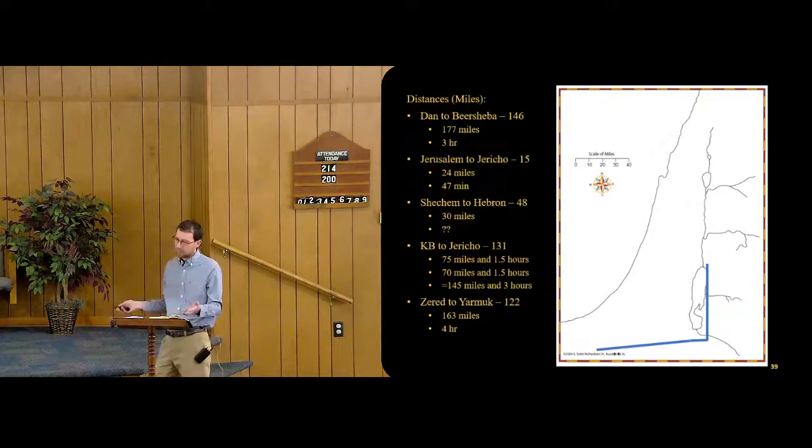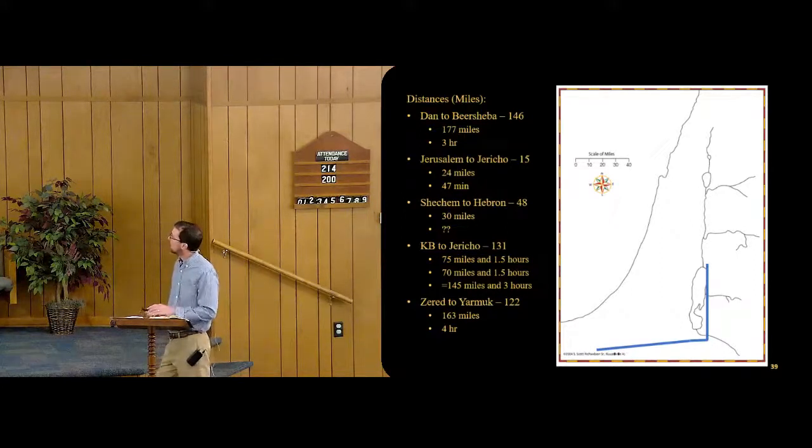So combine that all together: if you could drive it all in one shot, you're looking at about 145 miles of actual on-the-ground distance, taking you about 3 hours. Which, interestingly enough, is very comparable to the Dan to Beersheba distance, except that would be running this way.